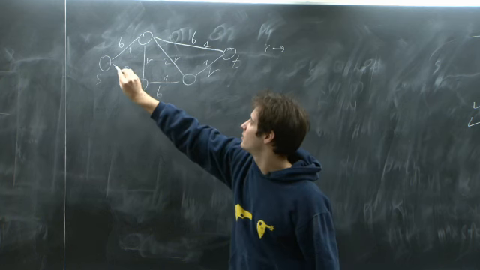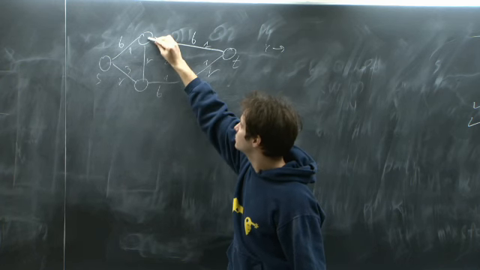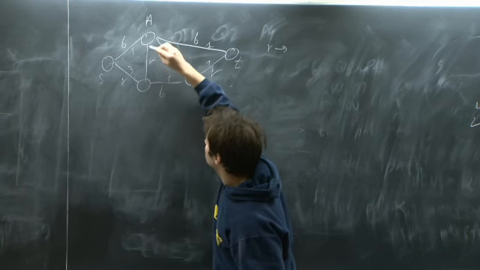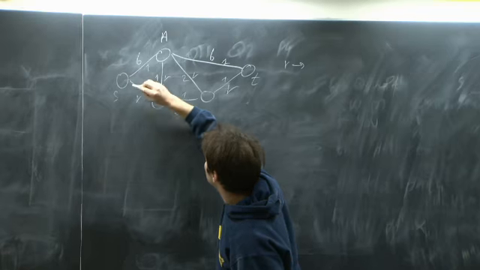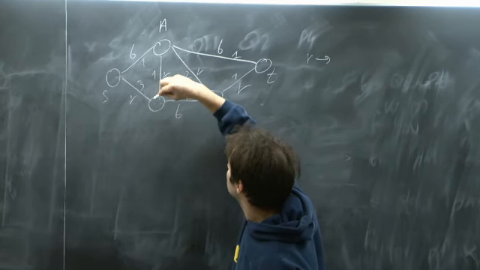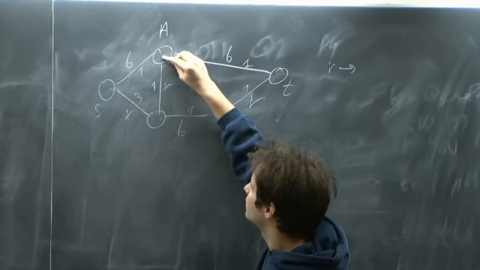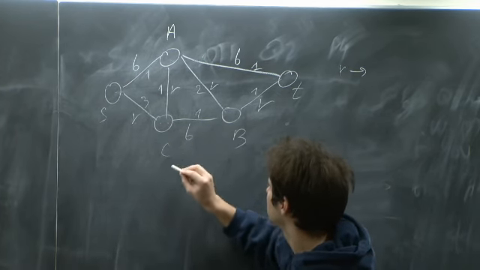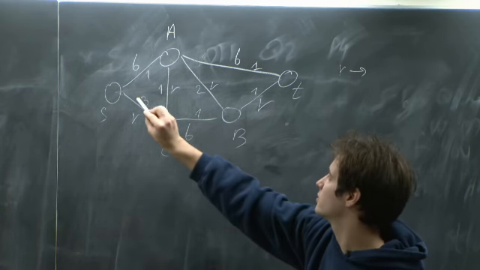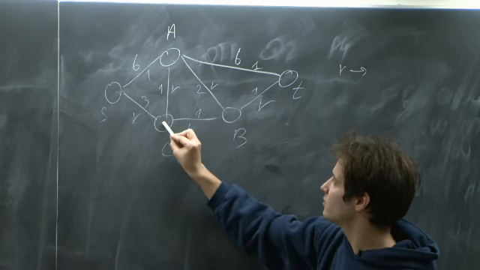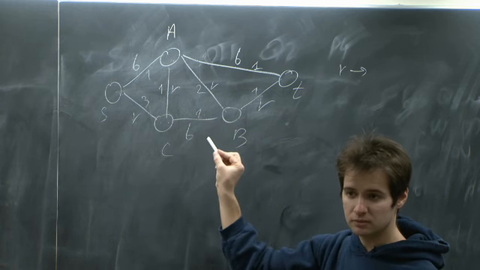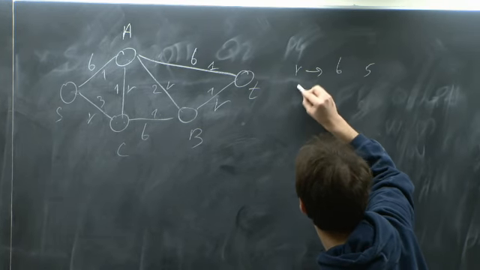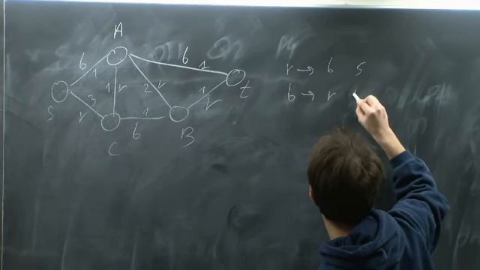So if you're gonna go from S to A, let's call this guy A, if you're gonna go this way, then your total cost is 314. If you're going to go from S to B, then if you go this way, your total cost is going to be 3 plus 1 plus 5 for switching from a red to a blue edge. So the cost for switching from red to blue is 5. The cost for switching from blue to red is 5.